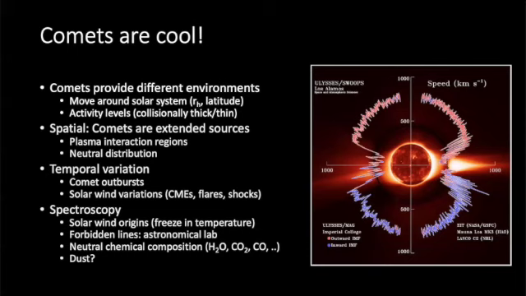It may even be possible to use X-rays to study the neutral chemical composition of comets. Two examples that we saw before: on the Mars disk, you had fluorescence of carbon dioxide, which was one of the brightest emission features. Also in the halo of Mars, we saw the spectral line ratio between the Lyman alpha and the higher order, the K alpha and the higher order lines, depending on the target species of choice.